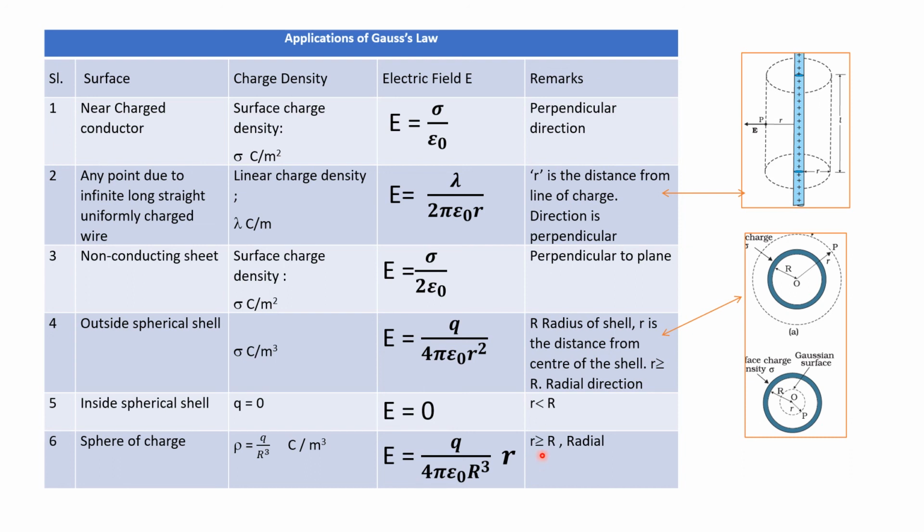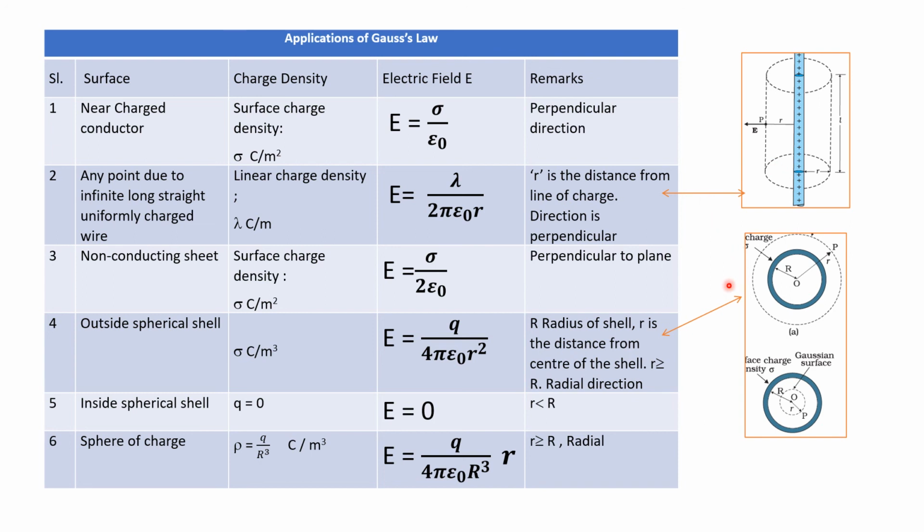So let us revise. The electric field intensity for a charged conductor is E is equal to sigma by epsilon naught. And in case of a long straight uniform wire, E is equal to lambda over 2 pi epsilon naught R, where lambda is the charge density per meter.